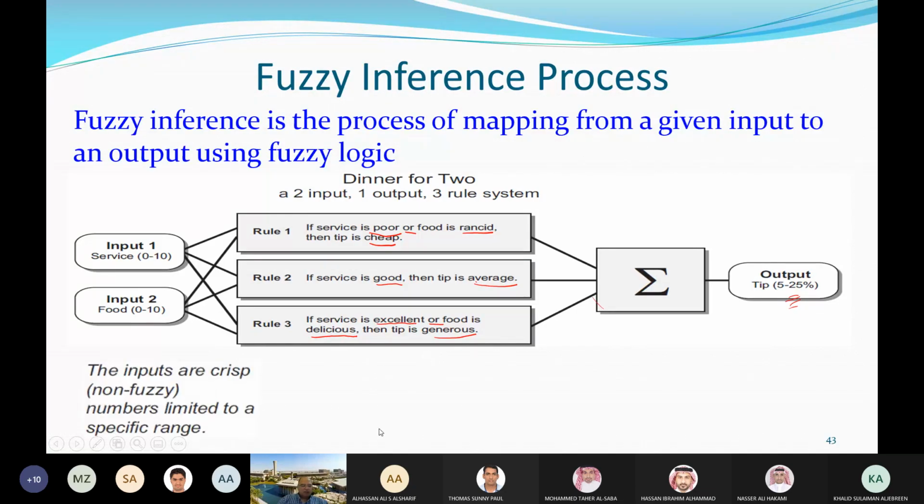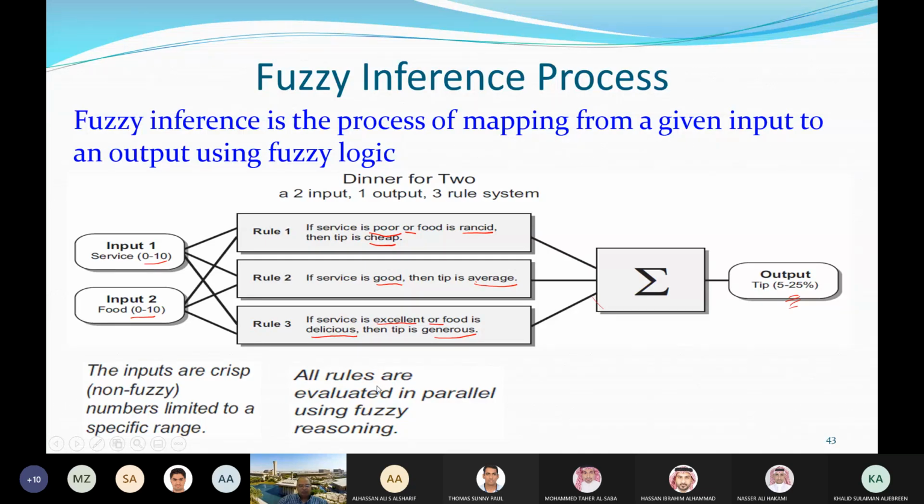So the process here is the inputs are crisp between 0 and 10, numbers limited to a specific range. This is the evaluation. Second step is to fuzzify them. All rules are evaluated in parallel using fuzzy reasoning.